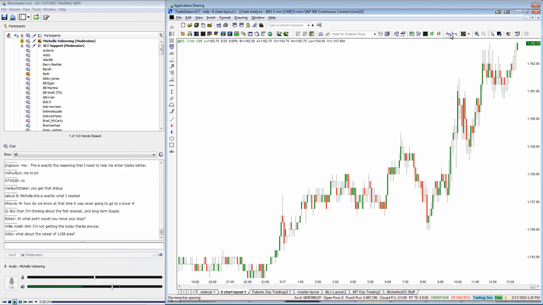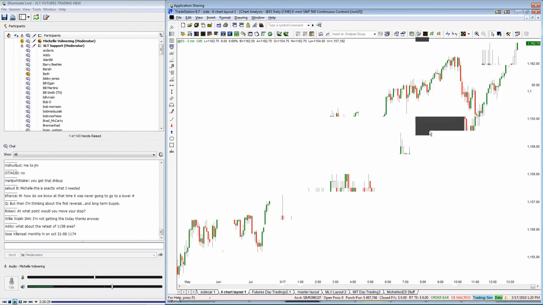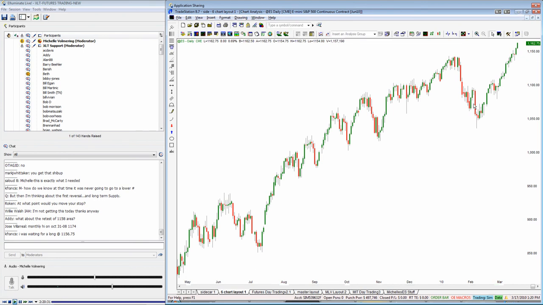Remember what we need to be thinking about, as I told you, when we're looking at these swing trading opportunities: look at this movement. On this daily chart, we have not had any pullbacks.